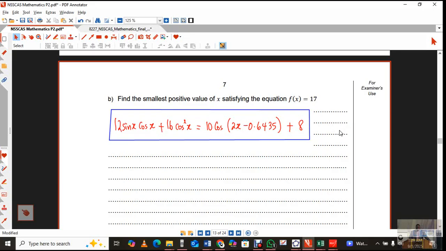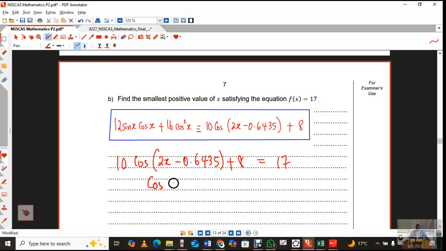Now f of x equals 17, so we're going to find x, that's the angle that we need to find. But I'm going to use this side. Since the left is identical to the right hand side, we can just say 10 cos of 2x minus 0.6435 plus 8 should equal 17.